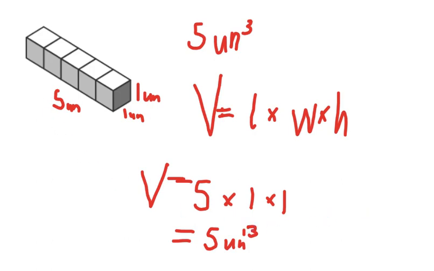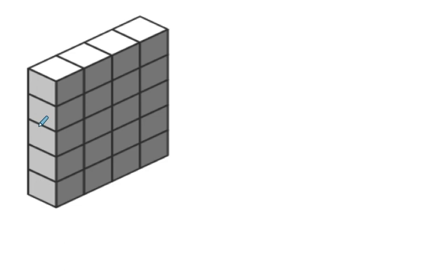Okay, so let's look at this one. So for this shape, the length is how long. I usually say length is how long something is. So L for length, L for long. 1, 2, 3, 4. So this side is 4 long. And the width is how wide it is. So this is 1 wide. And then height is how tall it is. 1, 2, 3, 4, 5. So this side is 5 tall.